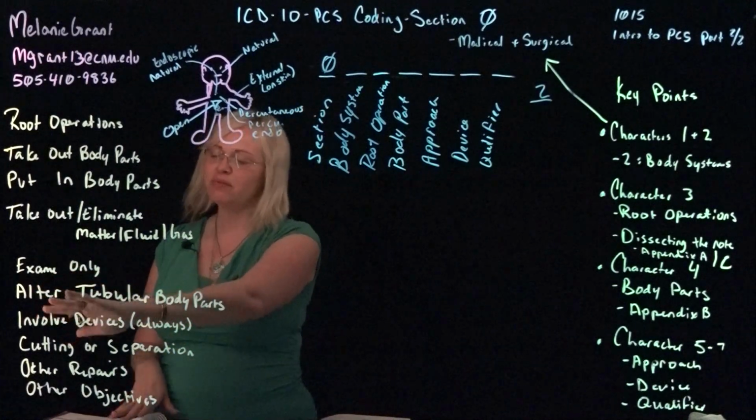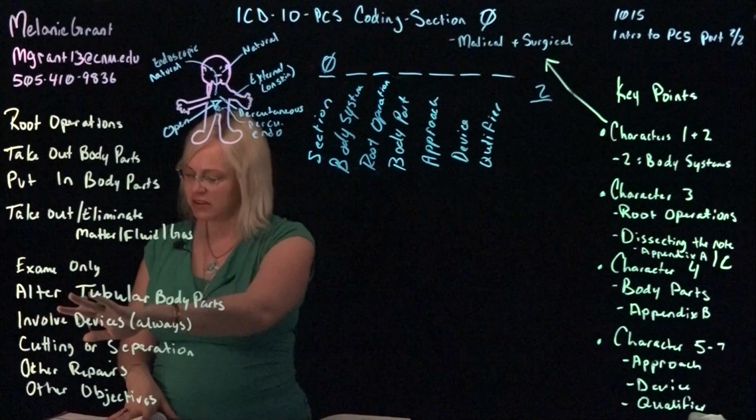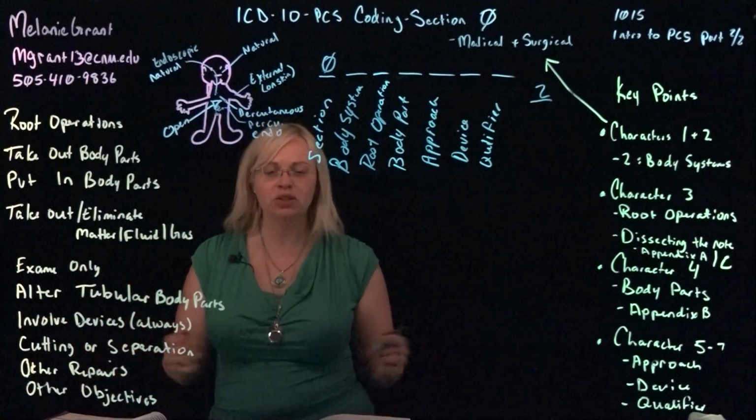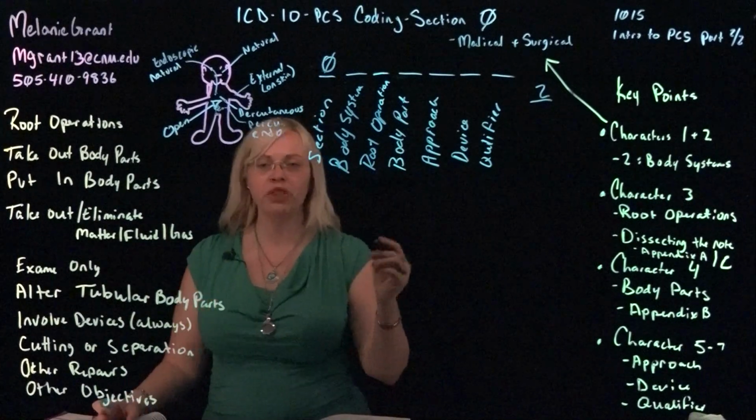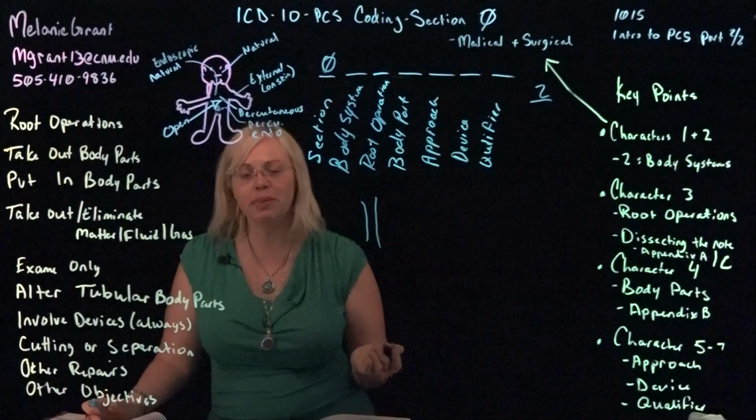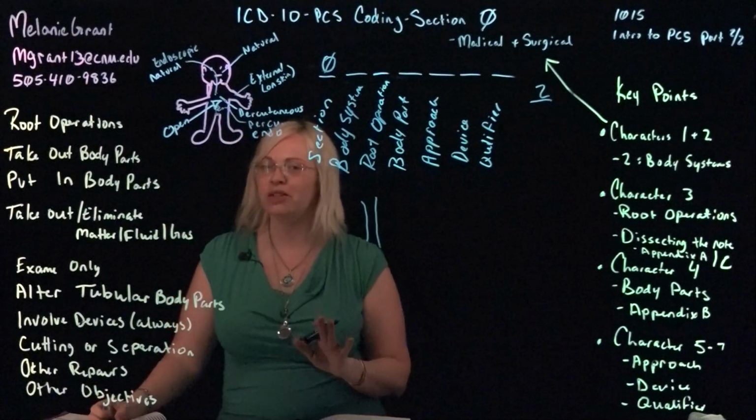After exam, we have procedures that alter the diameter or route of a tubular body part. And so when we think about tubular body parts, you want to think about all the parts within the body that have a tube. If you're thinking about arteries and veins, you would be on the right path.